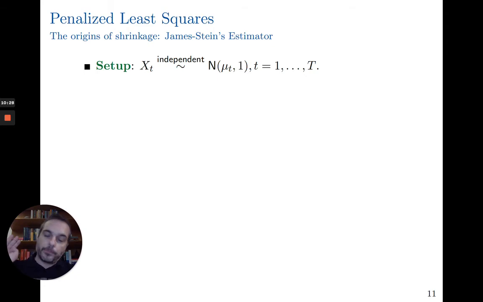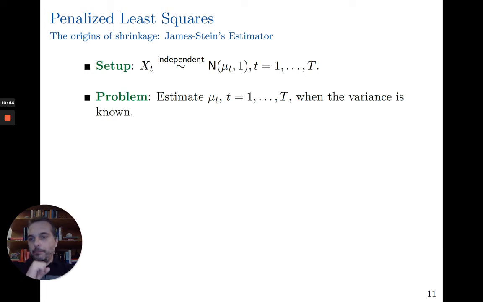So each random variable has a specific mean, and all of them have the same unit variance. Let's assume that we know the variance, but we don't know mu t. Problem: estimate mu t when the variance is known.